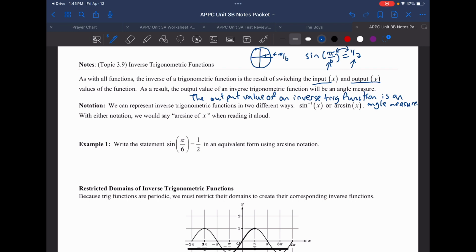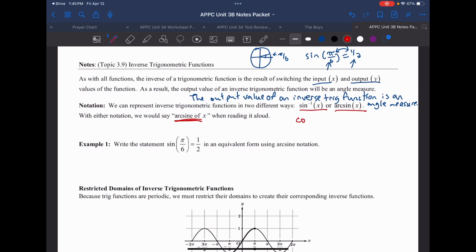And just to be able to talk about these, let's look at this notation. We can represent inverse trig functions in two different ways. Sine to the -1, or arc sine. That's how you say that, arc sine, not arc sin. You would say arc sine of x. So we can either use this notation or this notation.